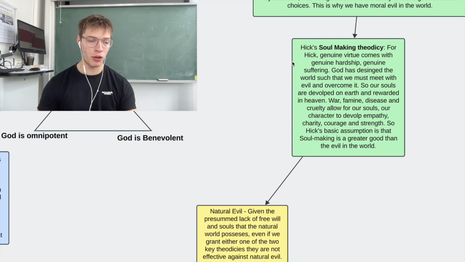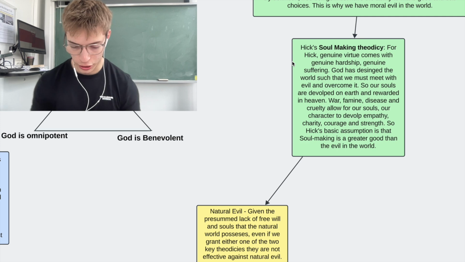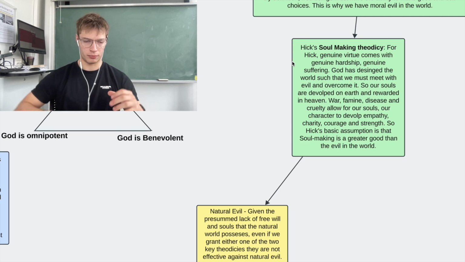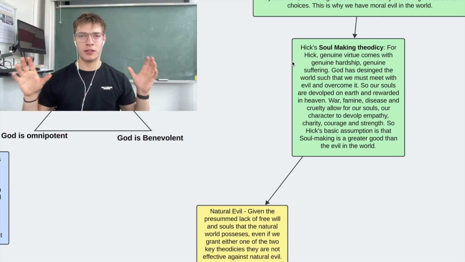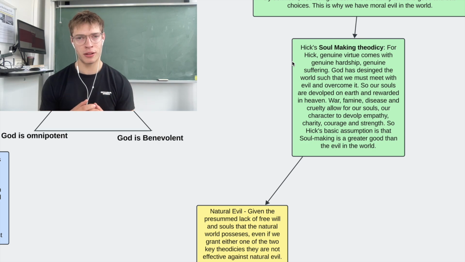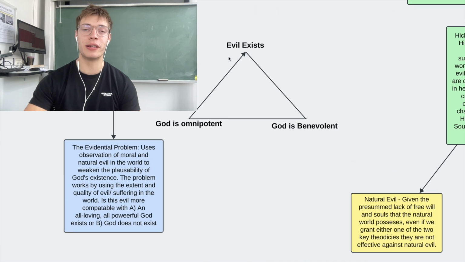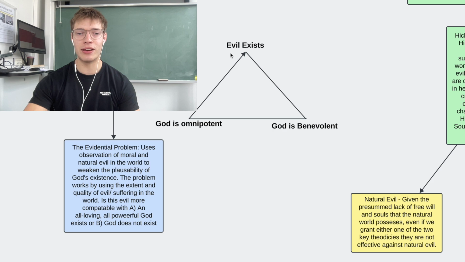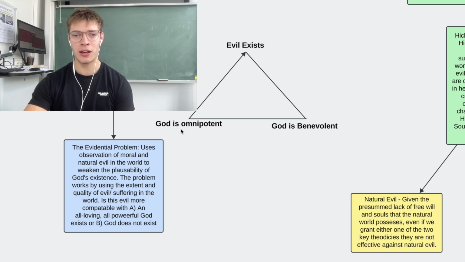If we don't have those things, people who have not lived with any suffering, they don't quite seem to have a very refined, virtuous character. That seems to be a problem, and so what Hick is arguing God is doing, he can maintain all of these three, because evil can exist.